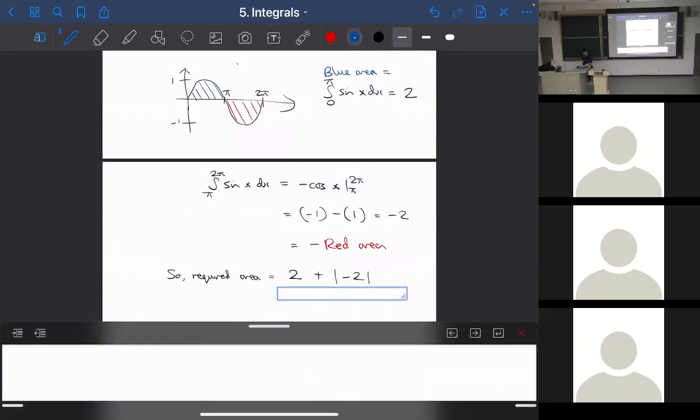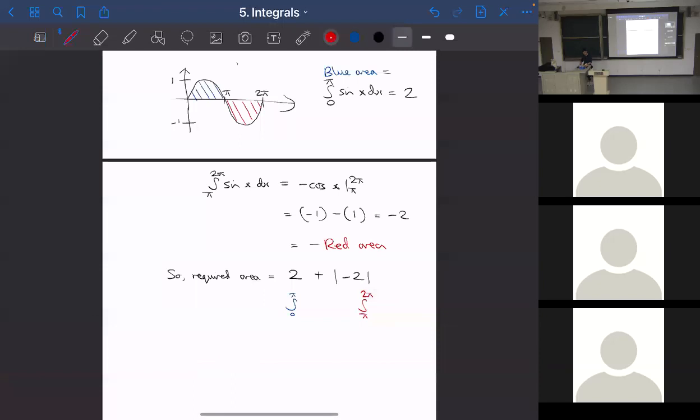So let me just write, this one is the integral from 0 to pi, and this one is the integral from pi to 2 pi.